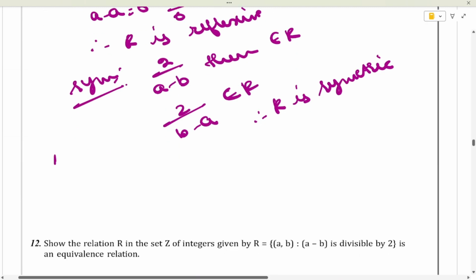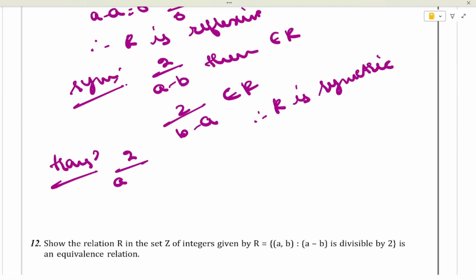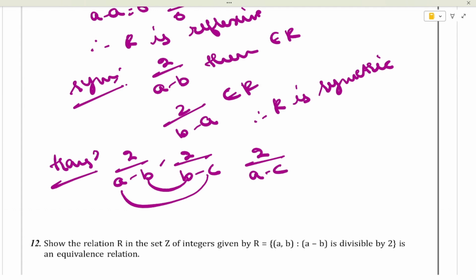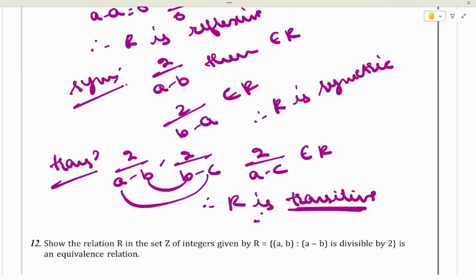Now the condition for transitive: 2 divides a minus b and 2 divides b minus c, considering the same element, then 2 divides a minus c will also belong to R. So it is transitive. If all three are satisfied, you can say that it is an equivalence relation.